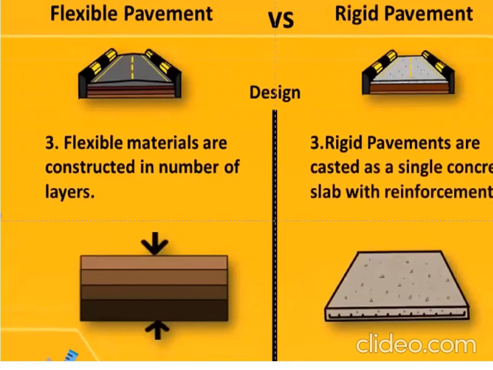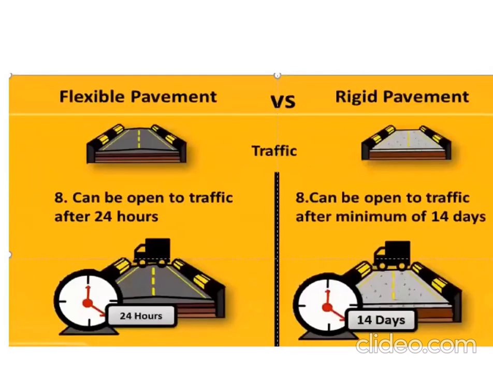Then we go to the traffic. Now this is where the time offsets. The flexible pavement, once I finish the wearing surface, I have to wait for 20 hours before I can open the road for the traffic. But before that, sometimes we take this for granted.